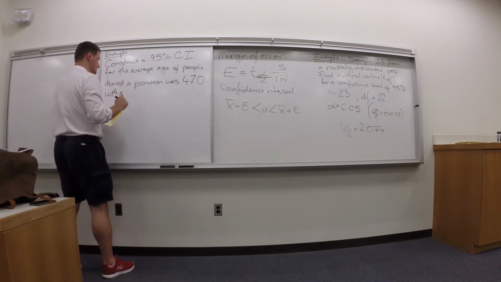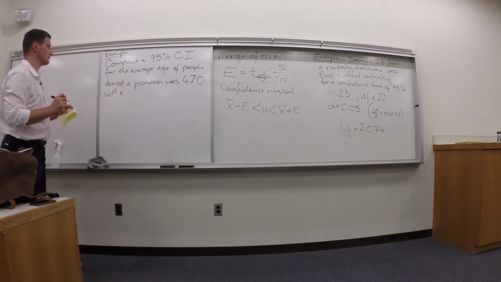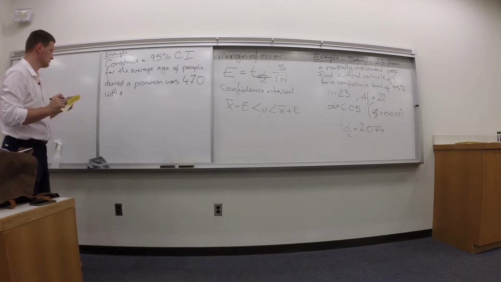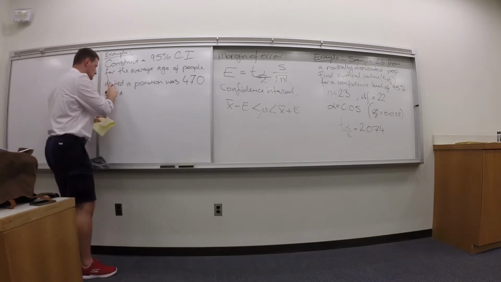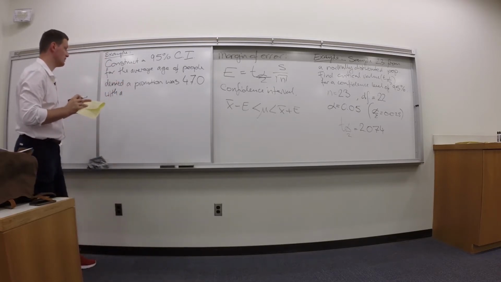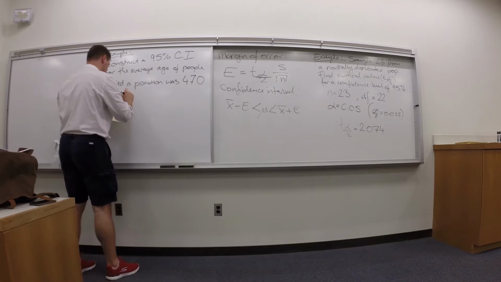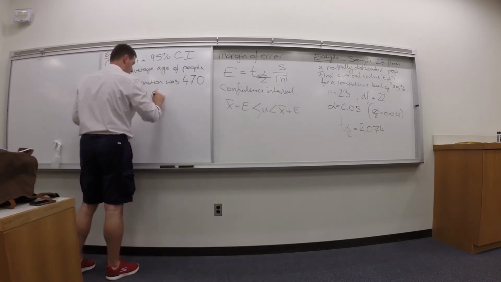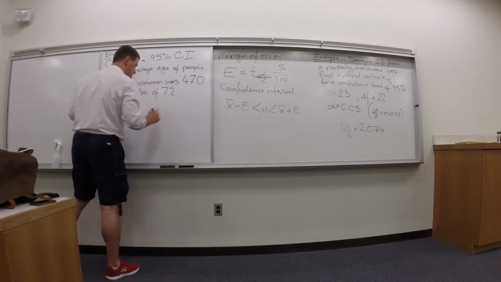The average age of people denied a promotion of choice with a standard deviation of 7.2.